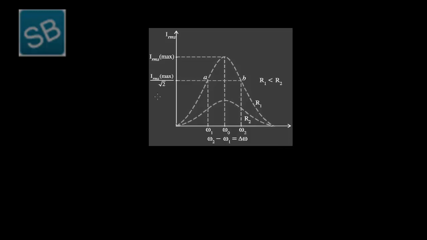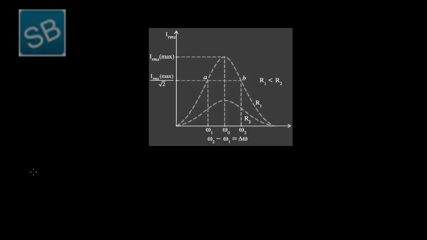Here there is a graphical representation of IRMS versus the angular frequency for an LCR circuit. Here we have taken two values of R, R1 and R2, which clearly shows that R1 is less than R2, and such arrangements are called resonance curves.